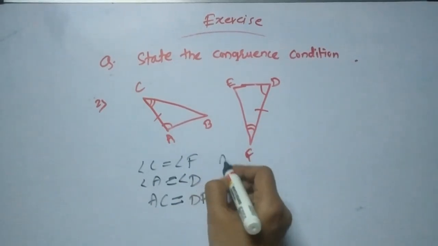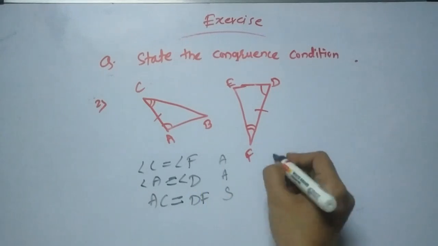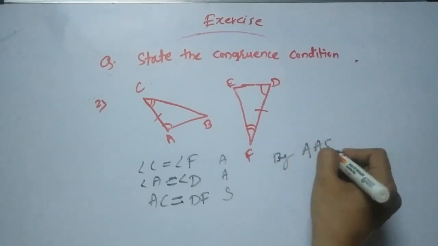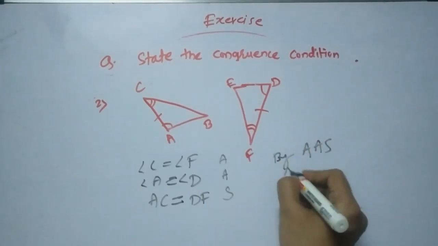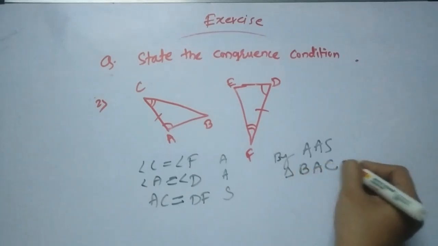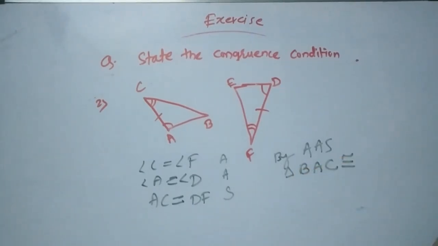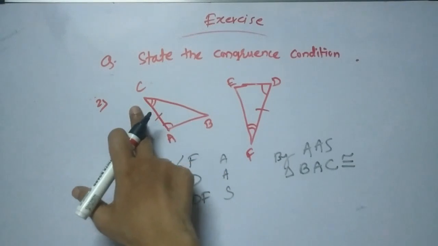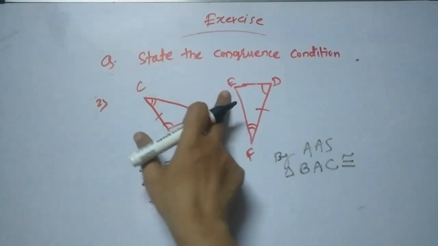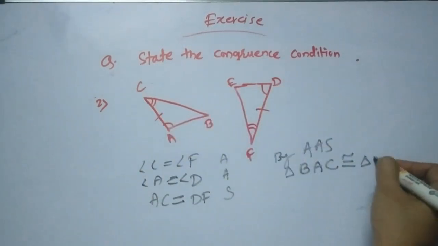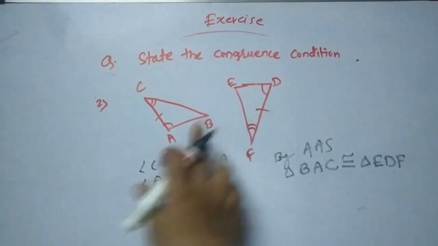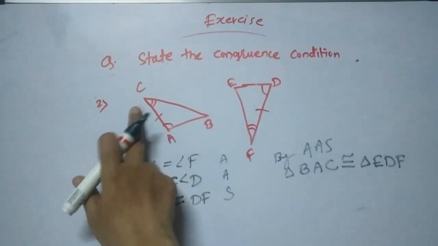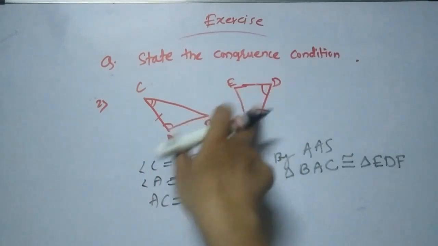So here it becomes angle angle side. So by angle angle side, we can say that triangle BAC is congruent with triangle EDF. I am reading BAC, so we have to read the other triangle in the same way, EDF.